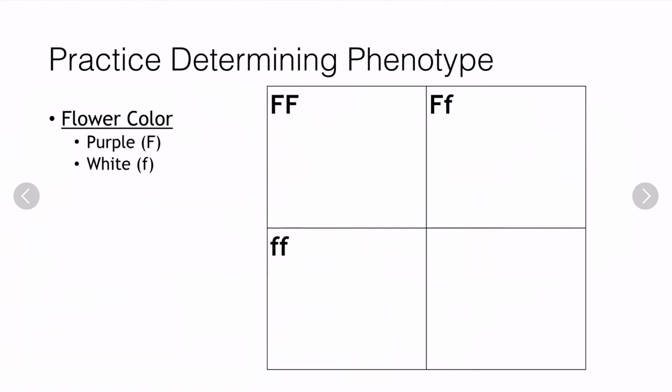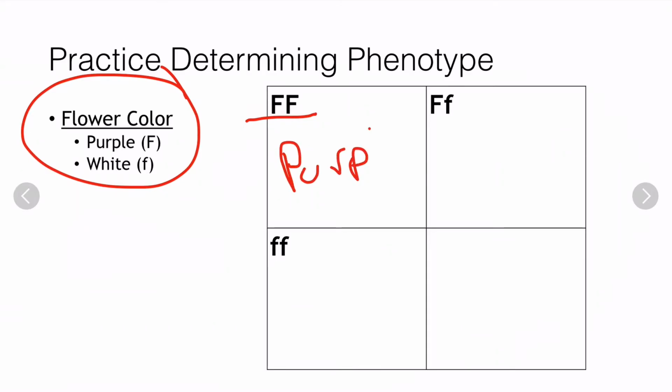Let's talk about how we can determine what the phenotype is based on the genotype. So here's our key, all right? The purple flowers are dominant and the white flower color is recessive, okay? So if we have two dominant alleles, if the genotype is homozygous dominant, then we will have a purple flower, remember? Because the principle of dominance says if there's at least one dominant allele, that will be expressed, and the dominant color is purple, so this will be purple.